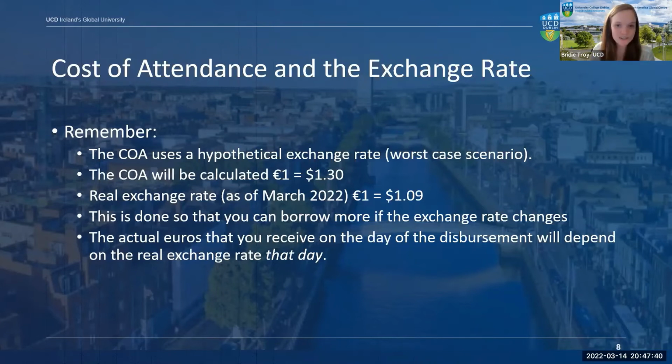But the exchange rate is actually much more favorable for Americans right now. It's actually $1.09 for every euro. So we do have a 21-cent buffer in case the exchange rate tips much more heavily in Europe's favor. Then we can still increase your loans so that you can afford your rent and keep paying for all these fun things that you planned in Dublin.